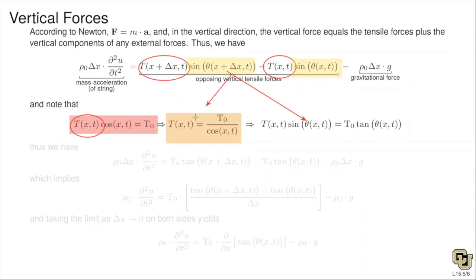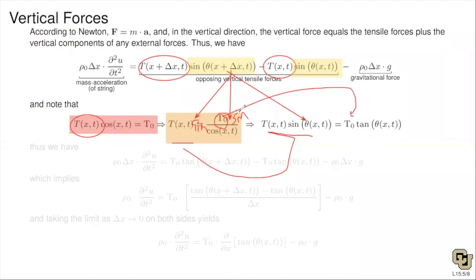And so I'm multiplying a sine to both sides here. T times sine. On this side, you get sine over cosine. So there'll be a sine right here, a sine right here, and a sine right here. So this is the term right here, T times sine. And on the other side, I have T sub 0.